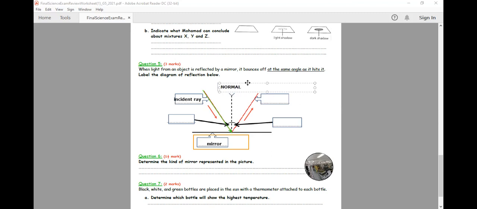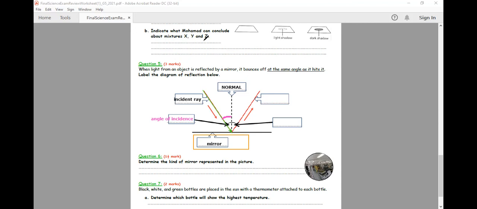This normal is so important because it helps us to measure the angle between the normal and the incident ray. What do we call this angle? Angle of incidence. This is the angle of incidence. The angle of incidence is equal to the angle of reflection. So which angle is this?